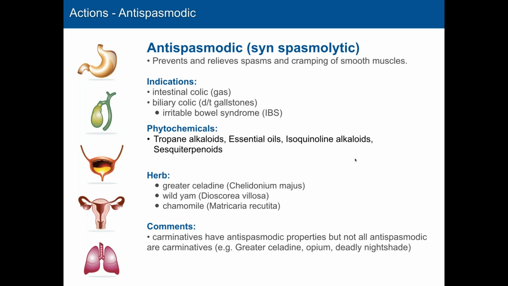It can be used for kidney stones that cause renal colic. Some of these have a very gentle action, so most of those carminatives will have a very mild, gentle antispasmodic effect. And then when you start getting into the alkaloids, in particular, like the tropane alkaloids and the isoquinoline alkaloids, some of those will be stronger.